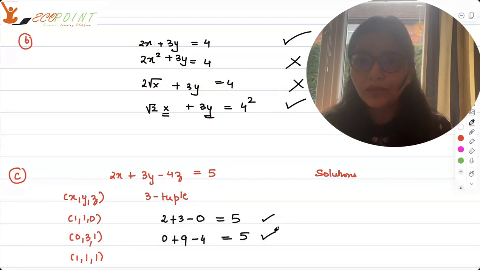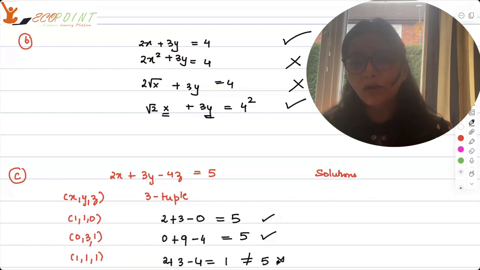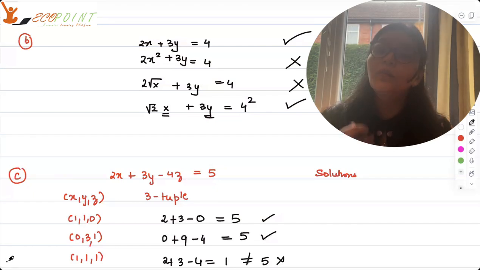So the left-hand side turns out to be equal to the right-hand side, and therefore this is also a solution. What if I put 1, 1, 1? I get 2 plus 3 minus 4, which is equal to 1, and that's not equal to 5. So this is not a solution. Two of the above are definitely solutions, but the third one is not. So when you assign values to the variables in the equation and the left-hand side and right-hand side match, then that becomes a solution.